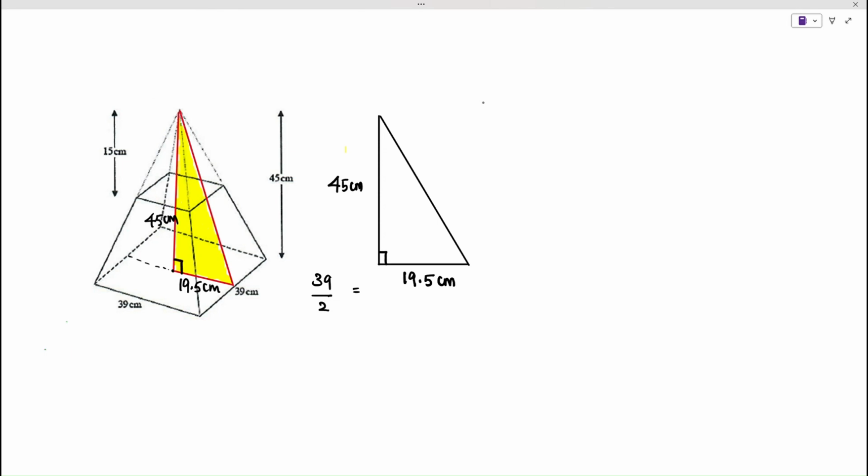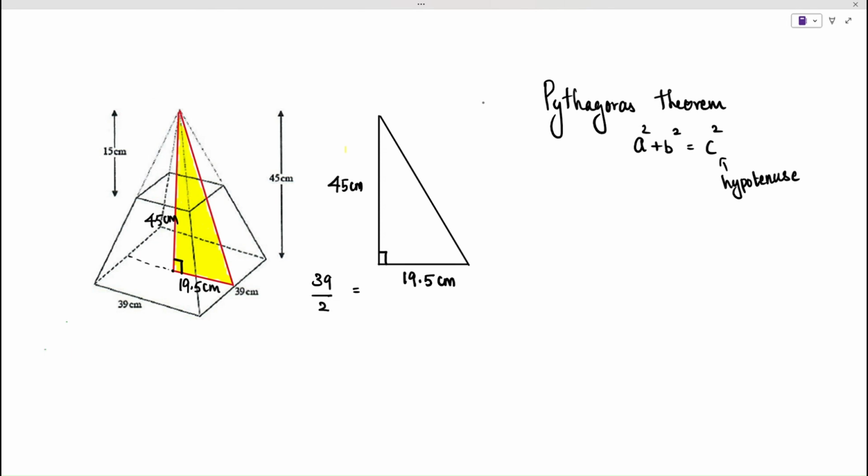So we can use Pythagoras to find the height of one of the triangular sides. Pythagoras' theorem is a squared plus b squared equals c squared, and we're going to substitute our values in. Our c here is our hypotenuse that we're trying to find.